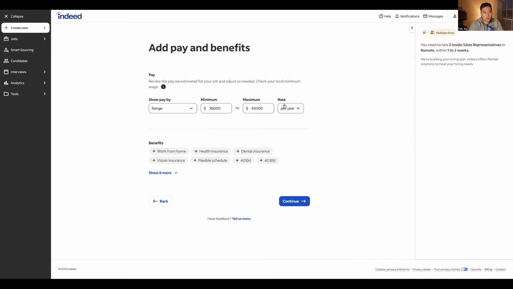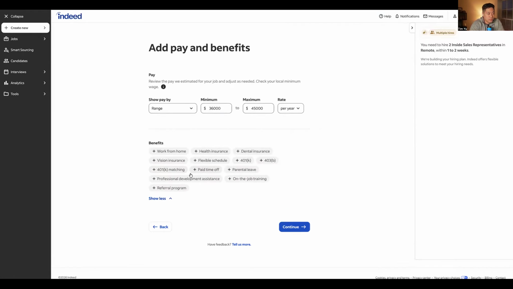You want to make sure the pay is right, so that when they do join, it's a really nice thing to see when they get paid more. Obviously, our dream personally is to be able to give health insurance and stuff. That's a big thing. But the benefits are on-the-job training and professional development assistance.